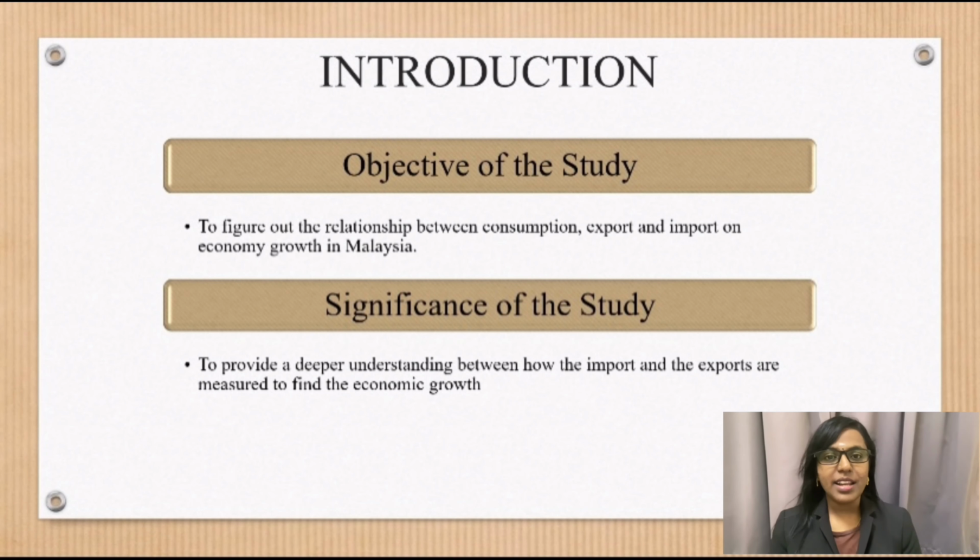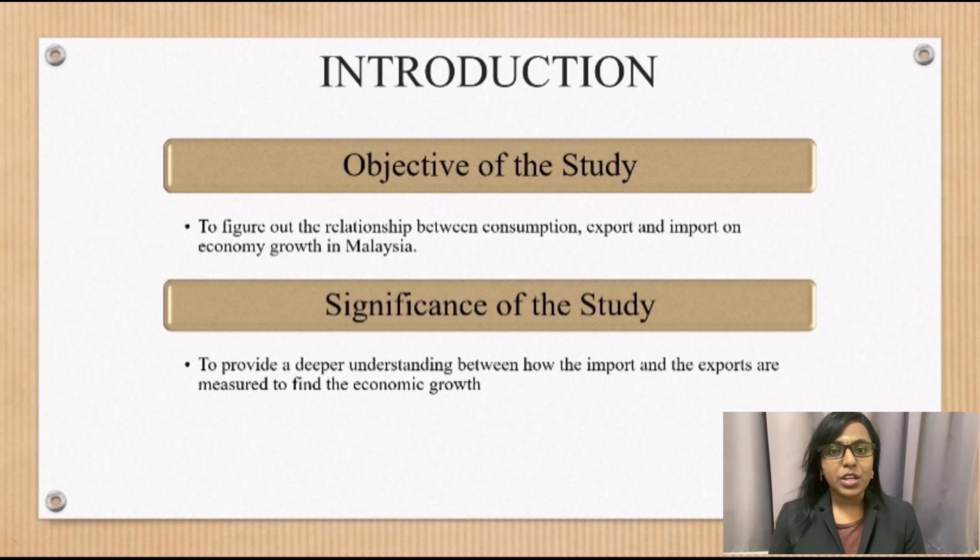In this slide, I'm going to explain the objective of the study. The purpose of this research paper is to figure out the relationship between consumption, export and import on economic growth in Malaysia. Next, the significance of the study is to provide a deeper understanding of how the import and the export are measured to find the economic growth.